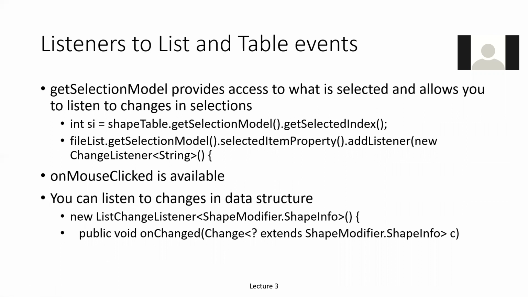Components and listeners are the key things to know, and then the listeners for those lists and tables, to listen to the changes in selection, can be created through the selection model, and the selection model tells you what is selected at any moment, so you can get the selected index, and from the selection model you can get the selected item property and add a listener there, which is a change listener.